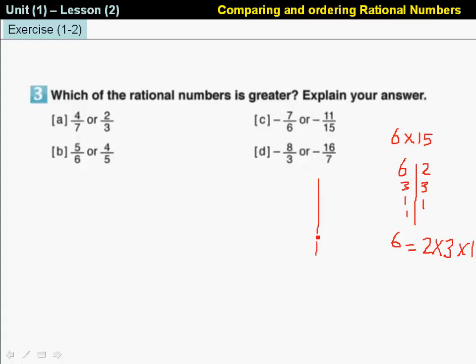And analysis of 15: 15 divided by 3 is 5, 5 divided by 5 is 1, 1 divided by 1 is 1. So 15 is equal to 3 times 5 times 1.